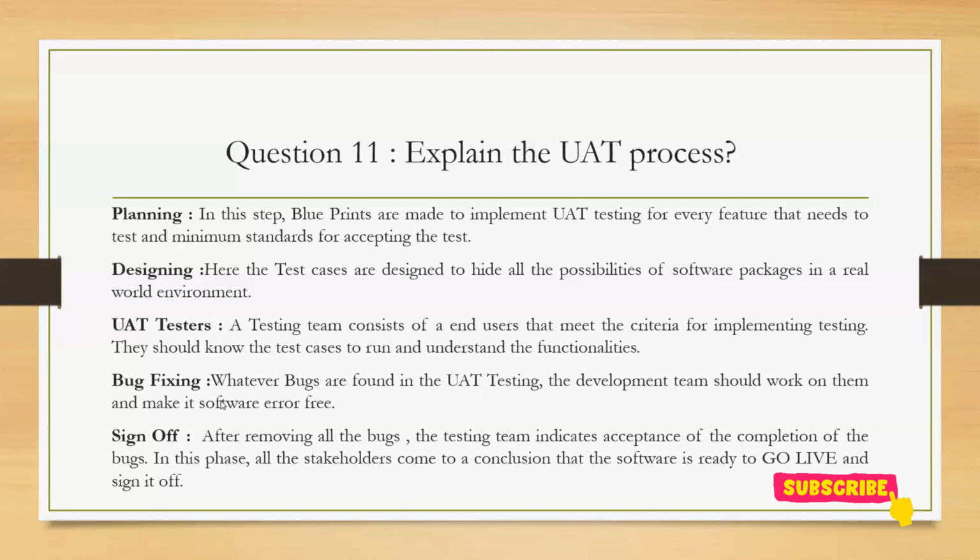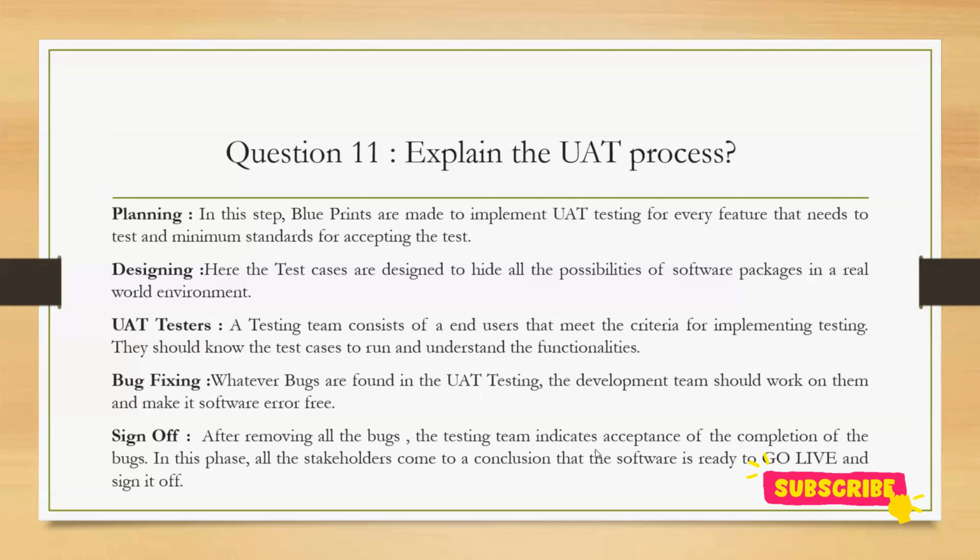And there would be bug fixing. So once you have tested, if any bugs are identified in that UAT testing, then the development team should start working on them and make sure that the software they have developed is error free, and then sign off. Sign off in the sense after removing all these bugs.